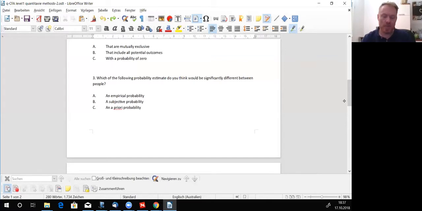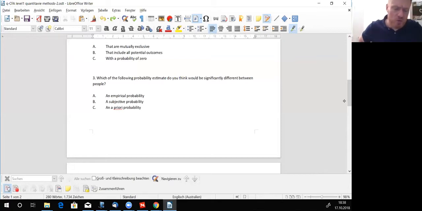And of course, it's the subjective probability, because your boyfriend, your girlfriend says so, and once you dispute with one another, you are totally different. Your standpoint is by far different from the one of your boyfriend or girlfriend. So that's why the subjective probability can be most different from one another.